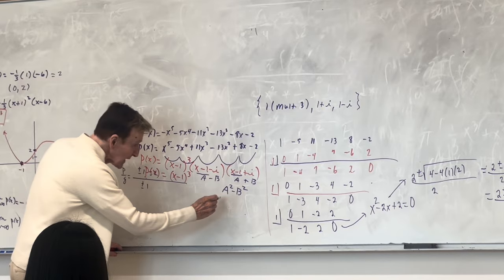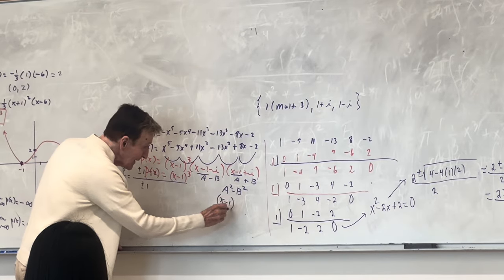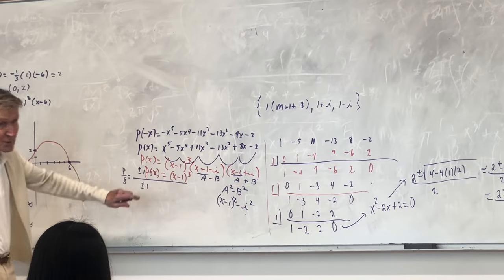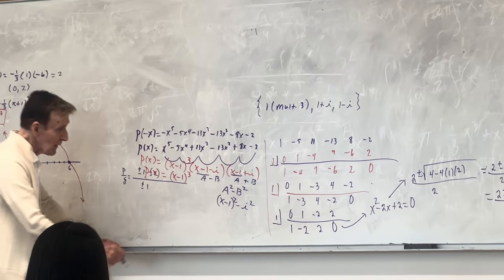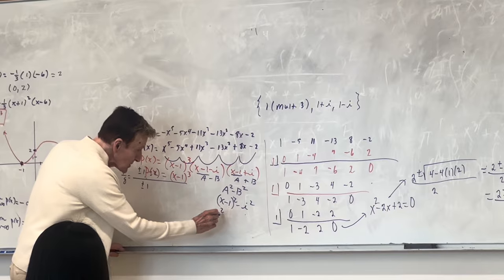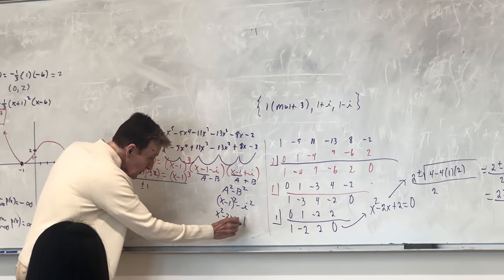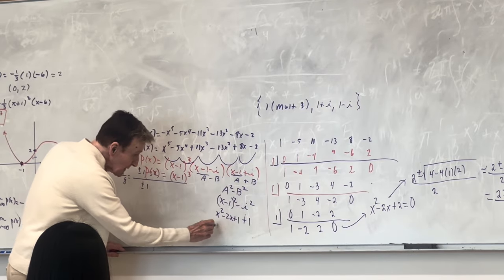So guys, we end up with x minus 1 squared minus i squared, which I think was over here somewhere. If I do this, x squared minus 2x plus 1, i squared is negative 1, so it's going to turn into a plus 1, x squared minus 2x plus 2.